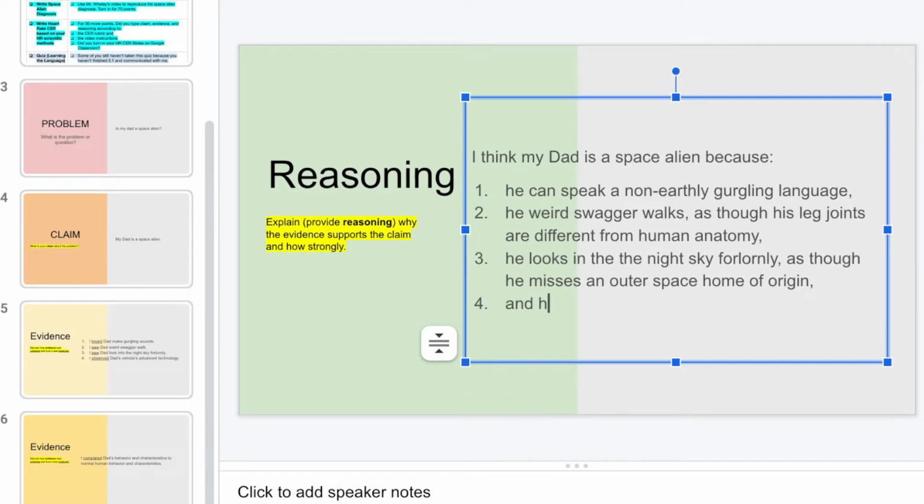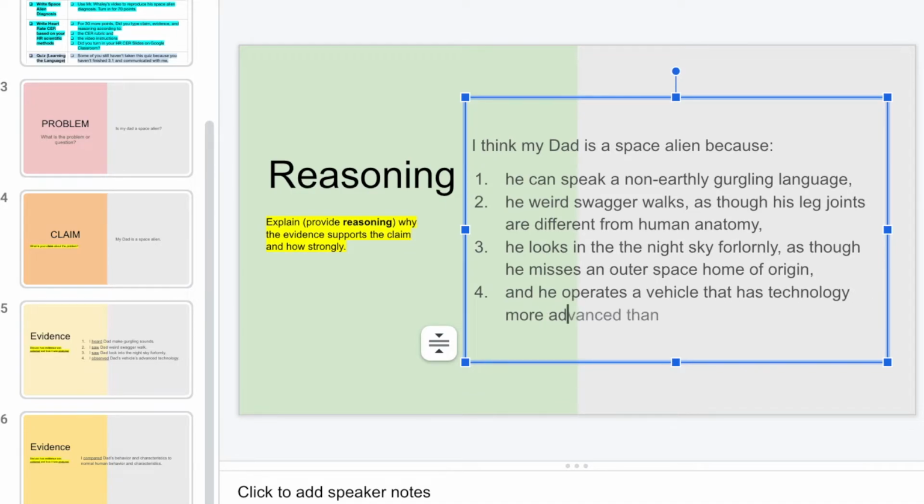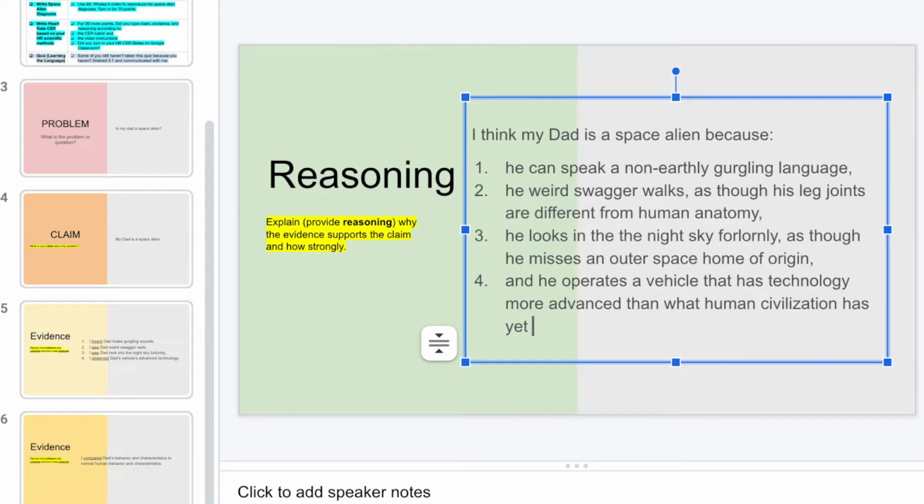And he operates a vehicle that has technology more advanced than what human civilization has yet produced.